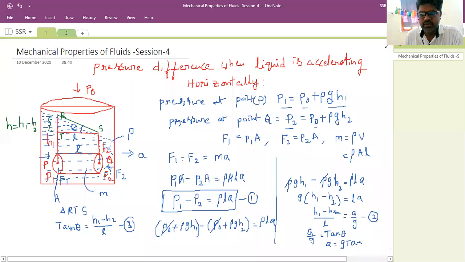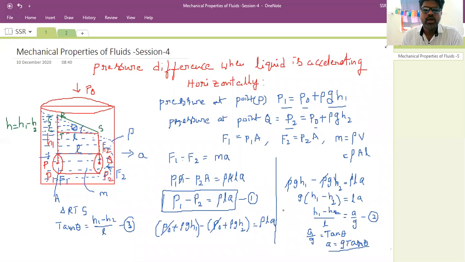This equation we have calculated in mechanics, in Newton's laws. Do you remember? Acceleration a is equal to g tan theta. If a body of mass m is on an inclined surface and the inclined plane is moving with an acceleration, then we calculated the pseudo force and the acceleration a.